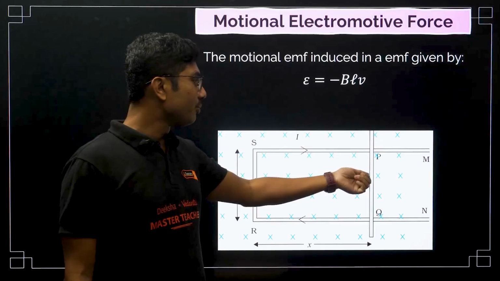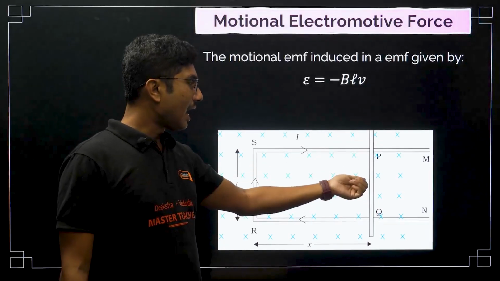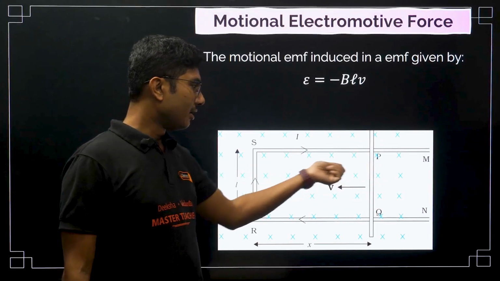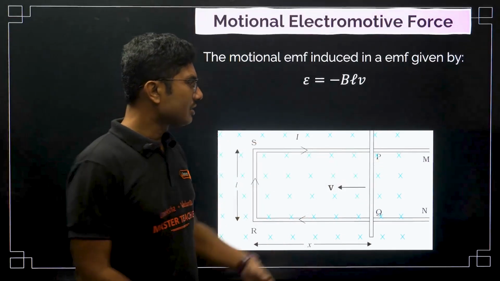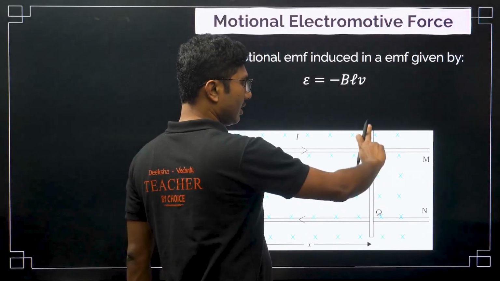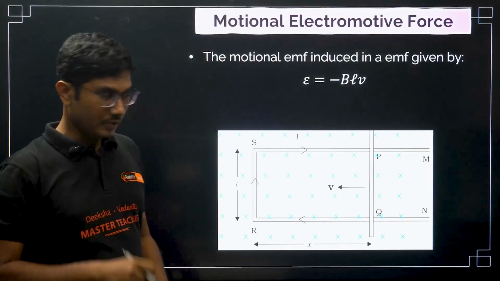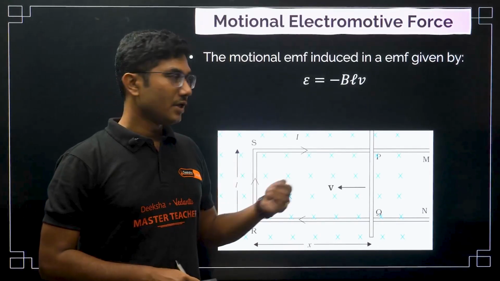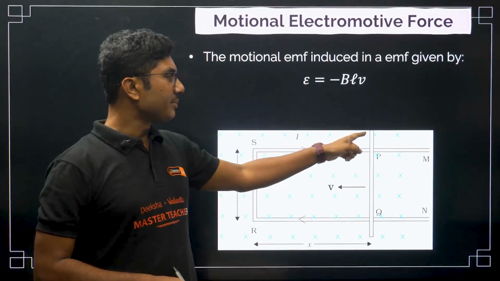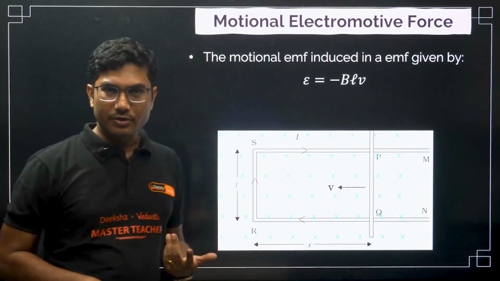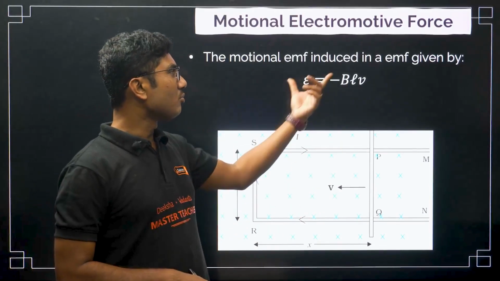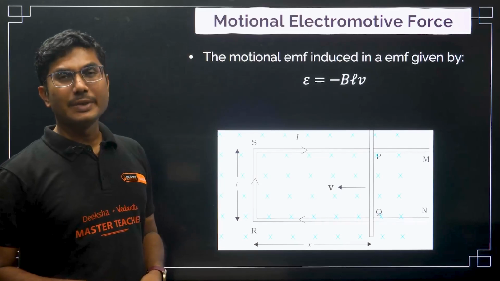Now if you try to move this rail along this path, there will be some induced EMF across the ends of this wire. This is called motional EMF. If you move this, there will be some induced EMF, and you can use it based on your requirement. The expression for motional EMF is minus BLV.